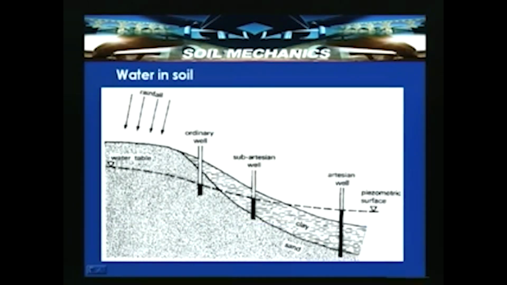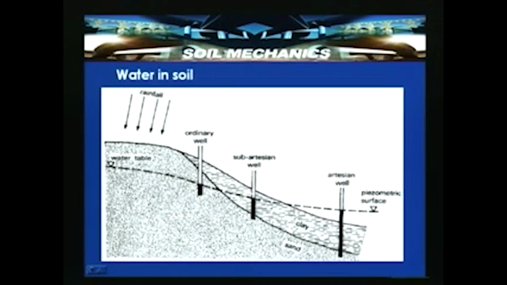So, these are the different water table conditions which are possible, where when rainfall occurs, percolation occurs and contact water is kept very high up within the vadose zone.